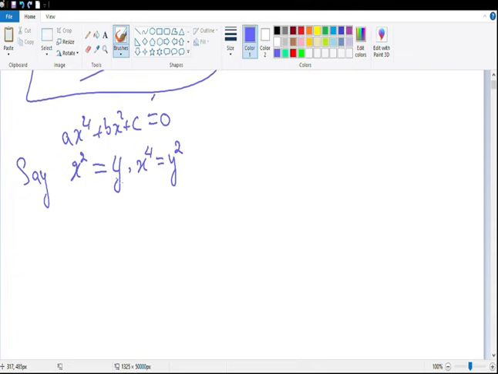And now, using this, let's replace the variables in this equation. We'll get ay squared plus by plus c is equal to 0. Does this look anything familiar? I mean, at least it does to me. This is a quadratic equation in standard form.